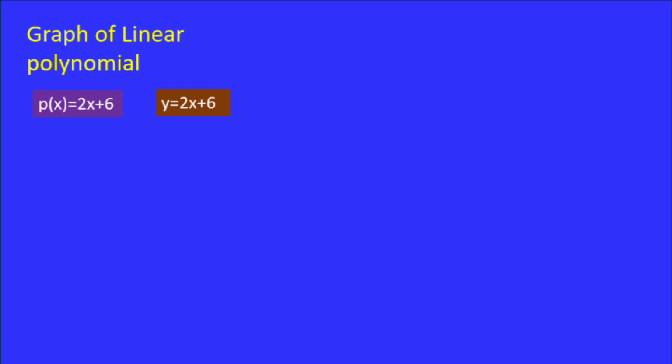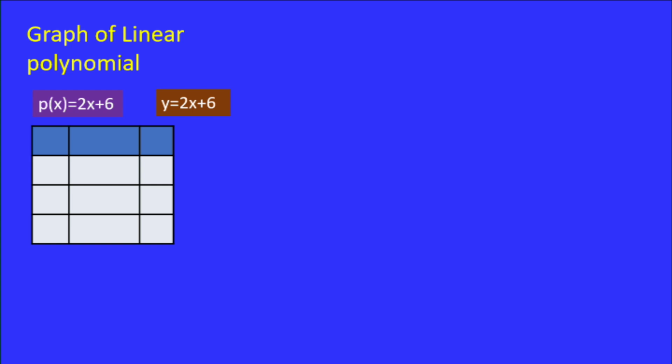If we have both coordinates x and y, we can plot the points in the graph and obtain the curve of the polynomial. Now, to obtain the ordered pairs of this polynomial, let us tabulate them by taking x values and y values. Here, you take any value instead of x and substitute it in the 2x plus 6 polynomial. Then we will get the y value.